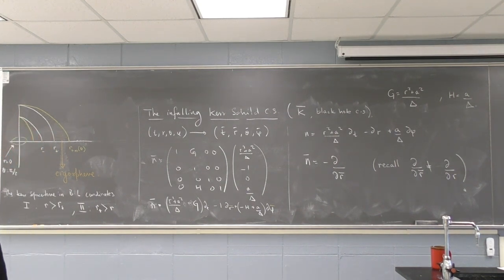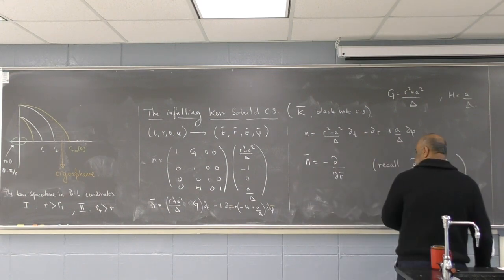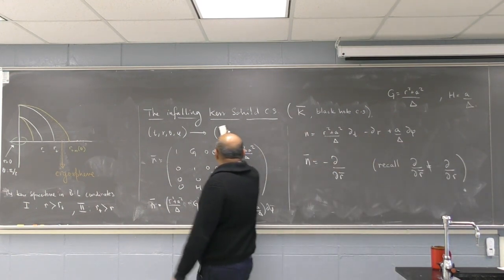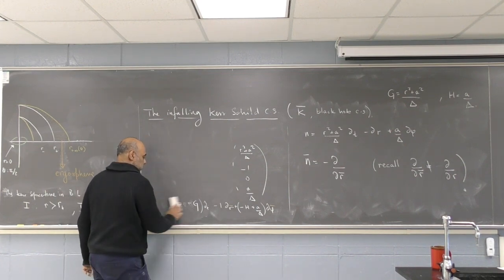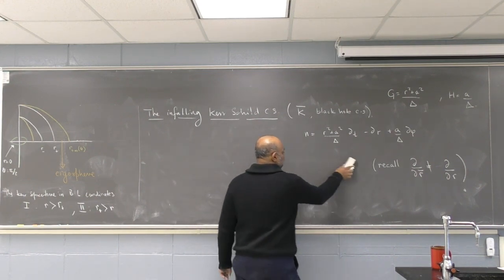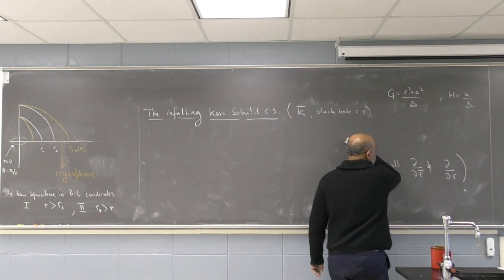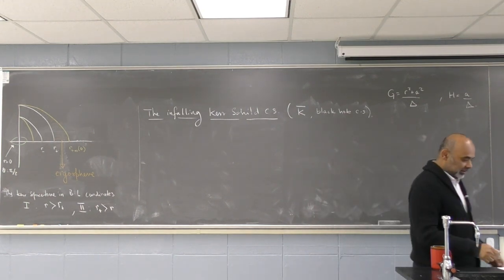Are we good? Okay, so I want to end today's lecture by telling you the main point of why we took the trouble to write this coordinate transformation. If you have a coordinate transformation and patience or access to Maple, or very hardworking freshman students, you can ask them to compute the metric in the new coordinate system.